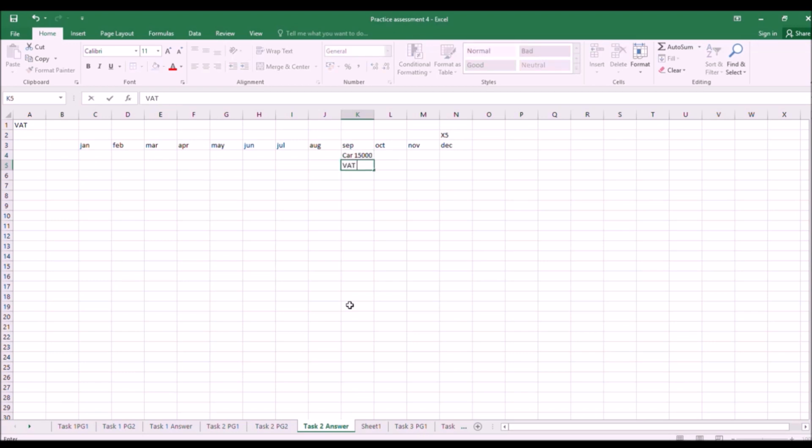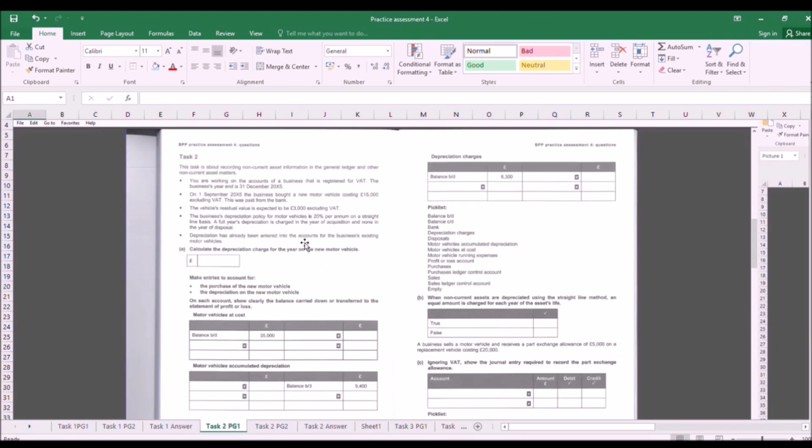You've got VAT of 3,000. And we've got the bank here of 18,000. Let's put those into debits and credits just so that we don't get this wrong later on. 15,000 there. We're going to reclaim the 3,000 VAT, and we've got 18,000 credit for the bank. Right, see where we're going next.